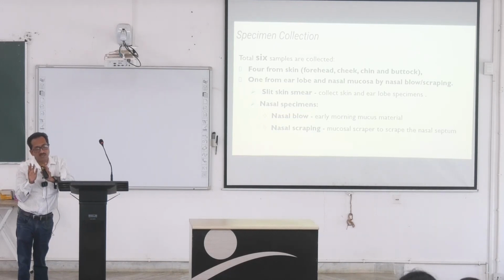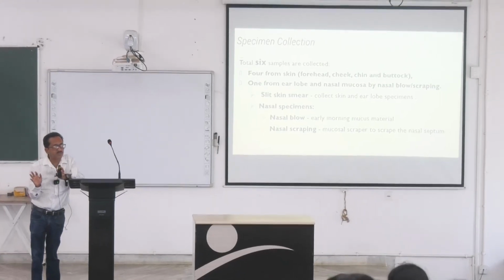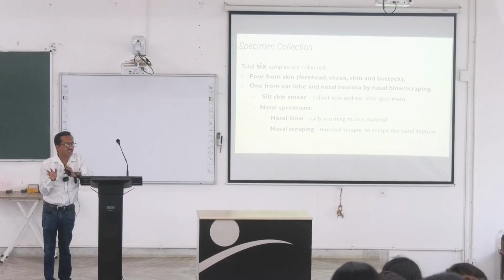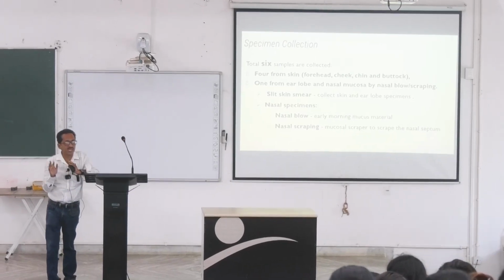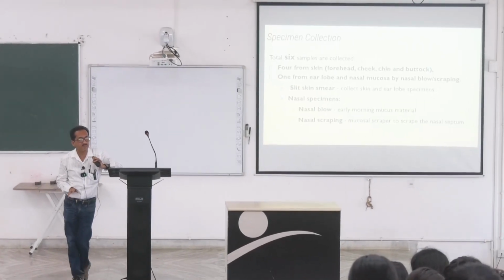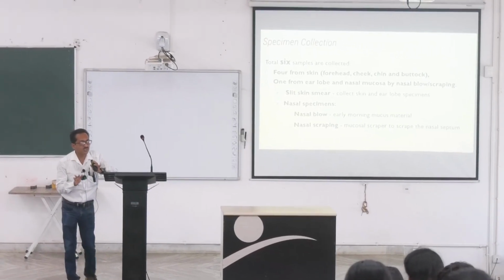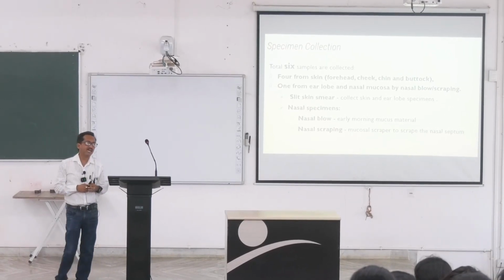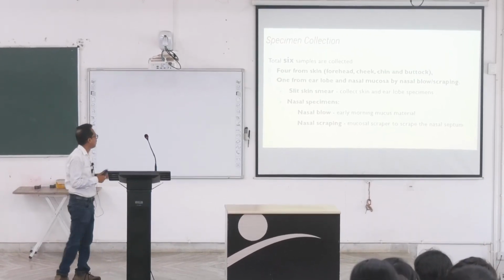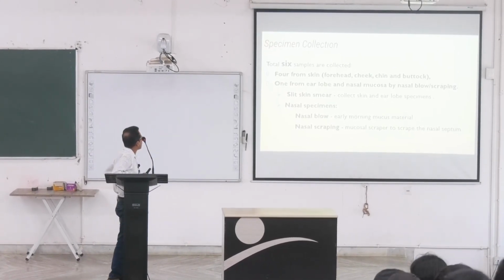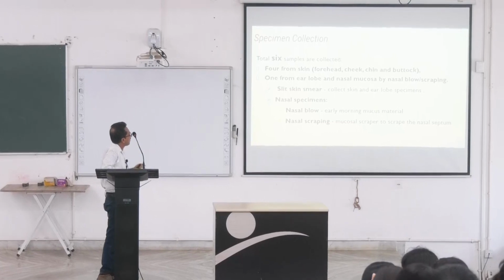If there is no lesion in the ear lobule or nasal symptom, you have to take another sample other than the skin lesion. You take a sample from the ear lobule and also from the nasal mucosa, by nasal blowing or scraping, and 4 from the skin.